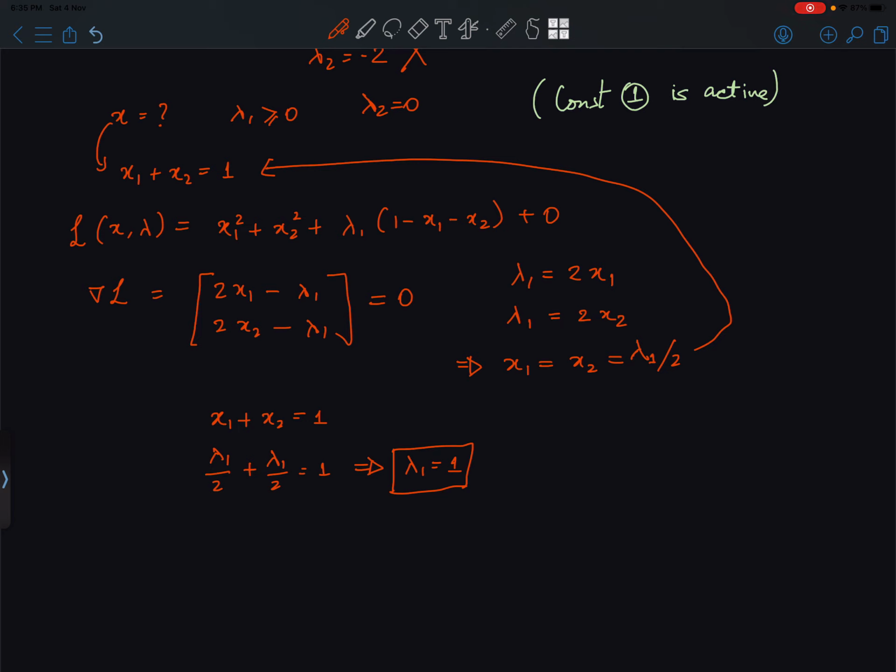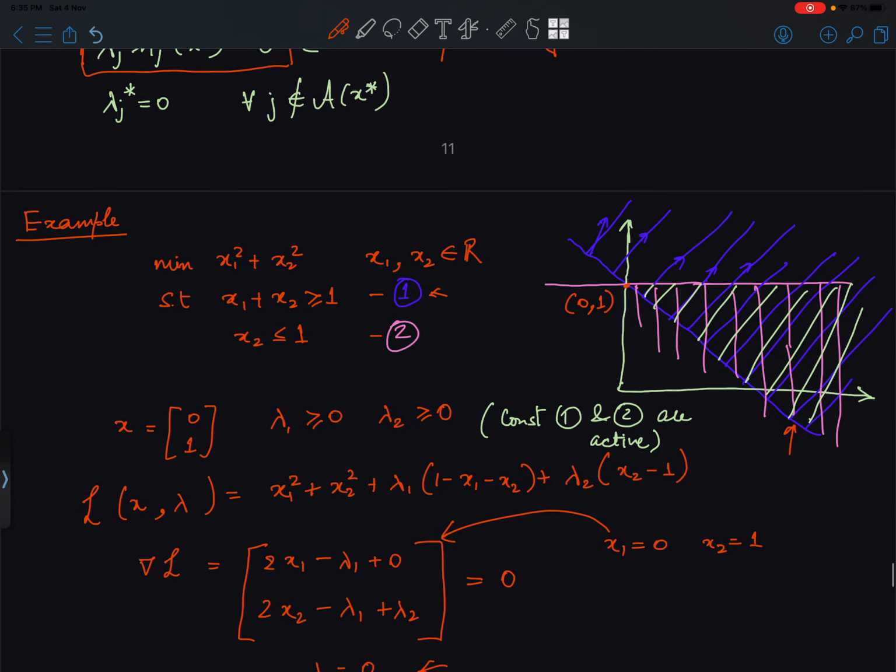This is valid because lambda 1 is always greater than or equal to 0 in this case. And so it becomes a KKT point, because it follows all the KKT conditions. And x1 star equals x2 star equals half is my optimal point.